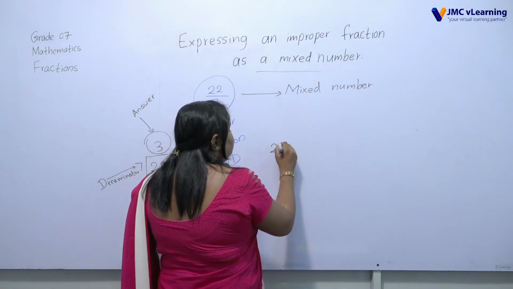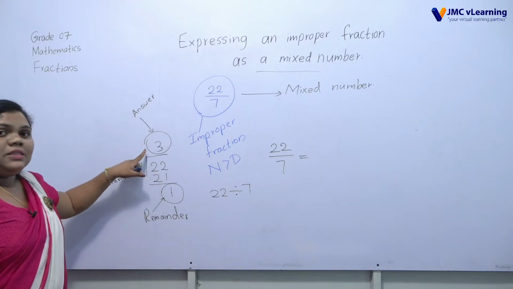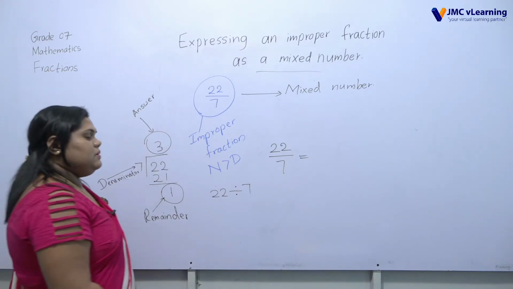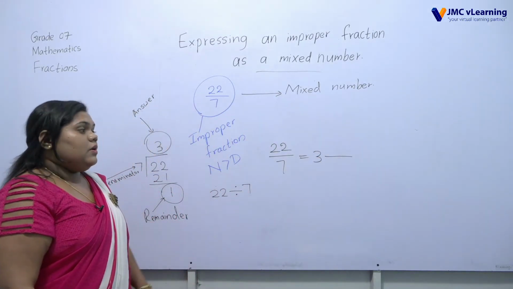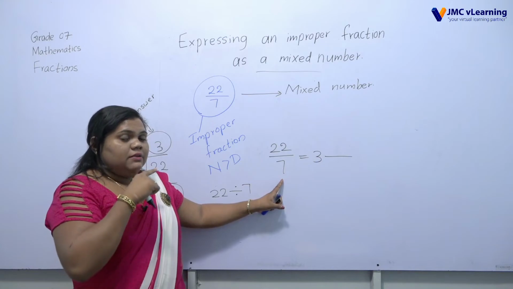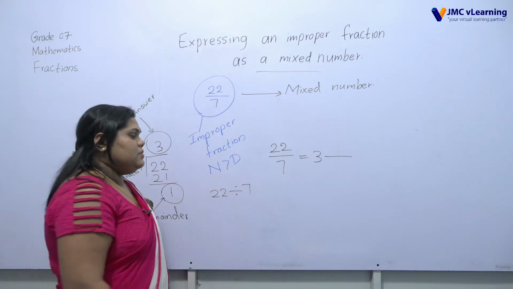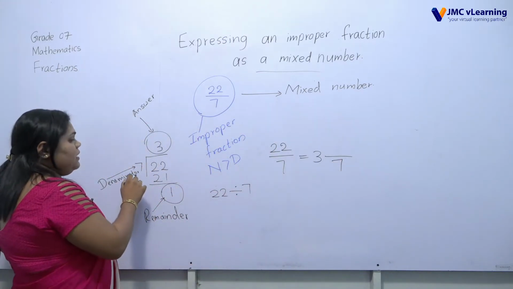Now 22 divided by 7. Can you see this answer? This is the whole number. Earlier when I talked about the mixed number, I told you we cannot change the denominator. So 7 is the denominator.